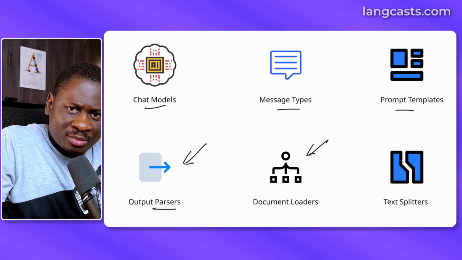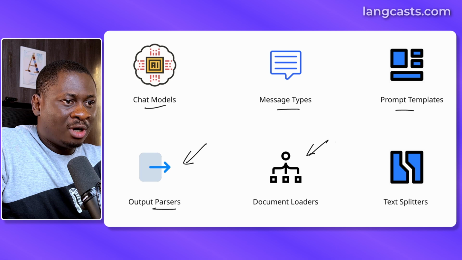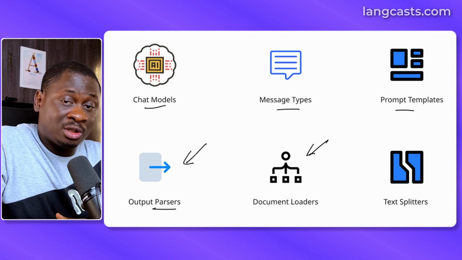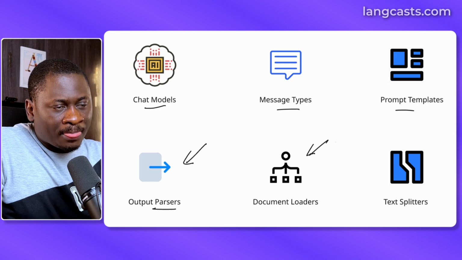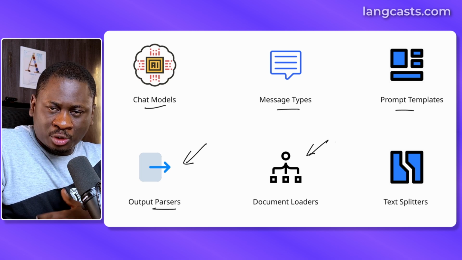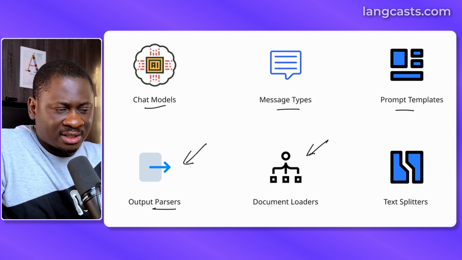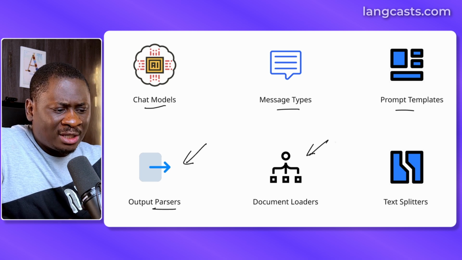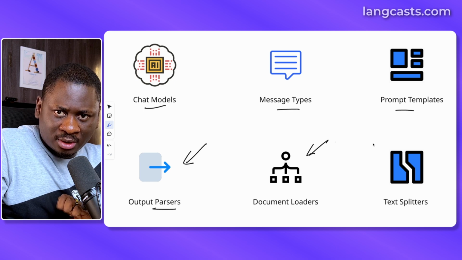They don't know about your company documents. They don't know about your company finances. They don't know about your company's documentation and stuff like that. They don't know, especially if it's not on the public web. So if you have in-house domain information, you might want to feed it in as CSV files, Excel, PDFs, and sometimes even video. So document loaders help you to load in this information.